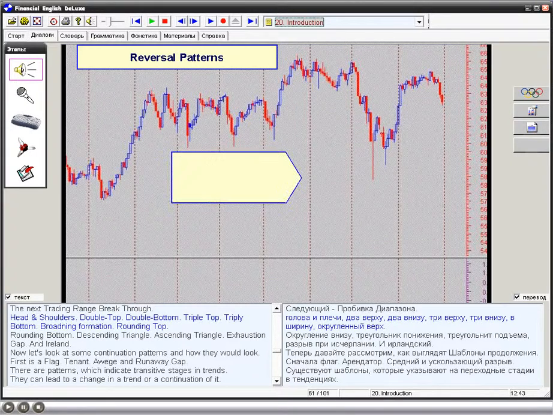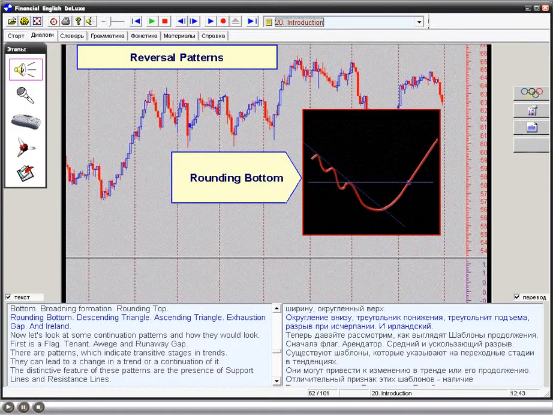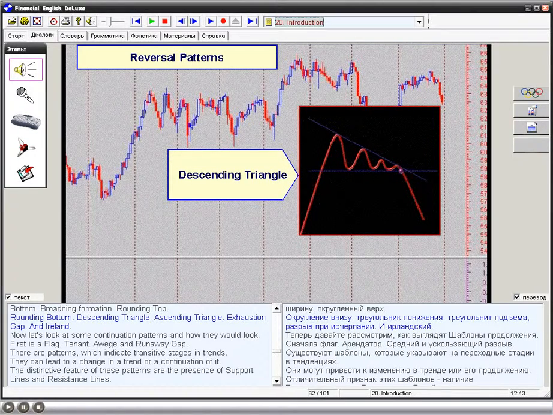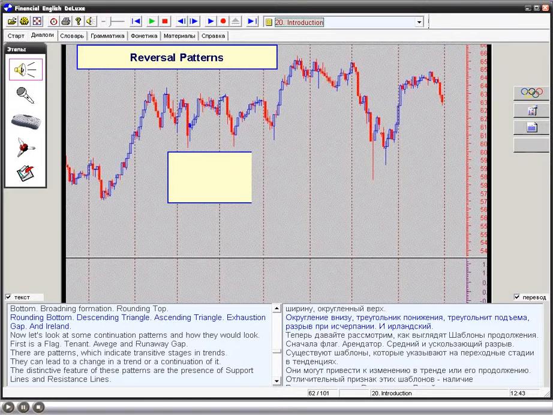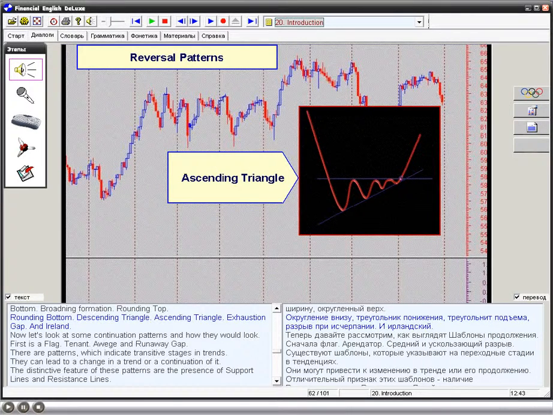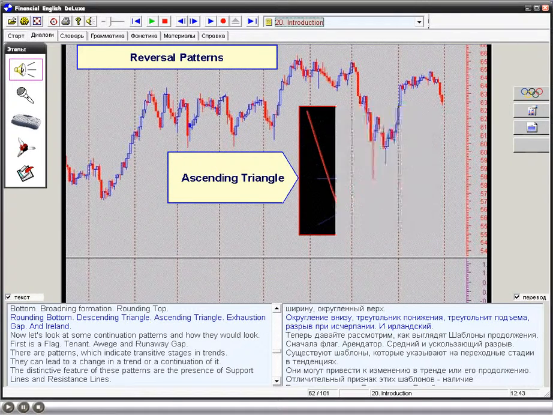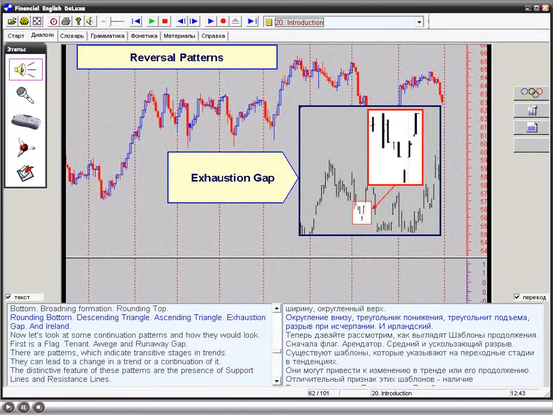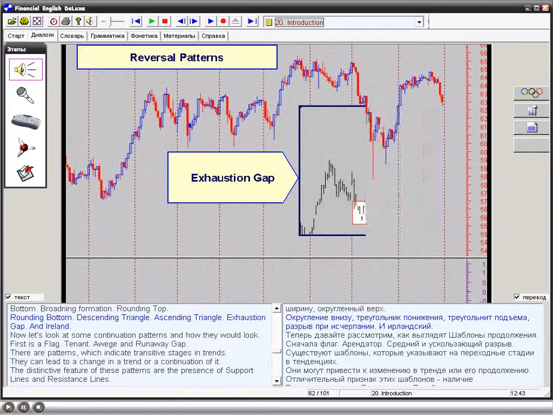Rounding bottom. Descending triangle. Ascending triangle. Exhaustion gap. And island.